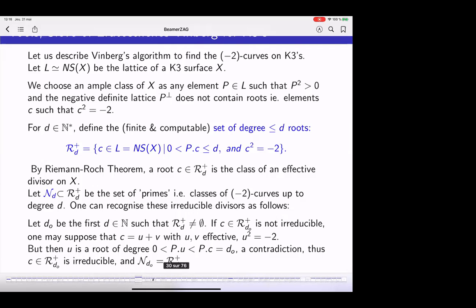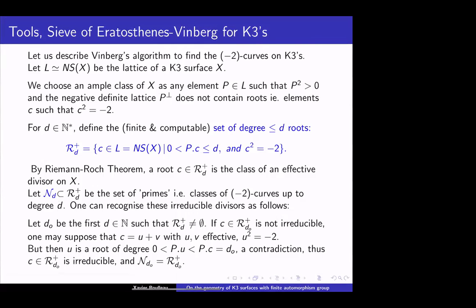So we see that the set of nodal classes of degree d0 is simply the set of roots of degree less or equal than d0. This is an induction process, and this is the first step, the initializing step of the induction.